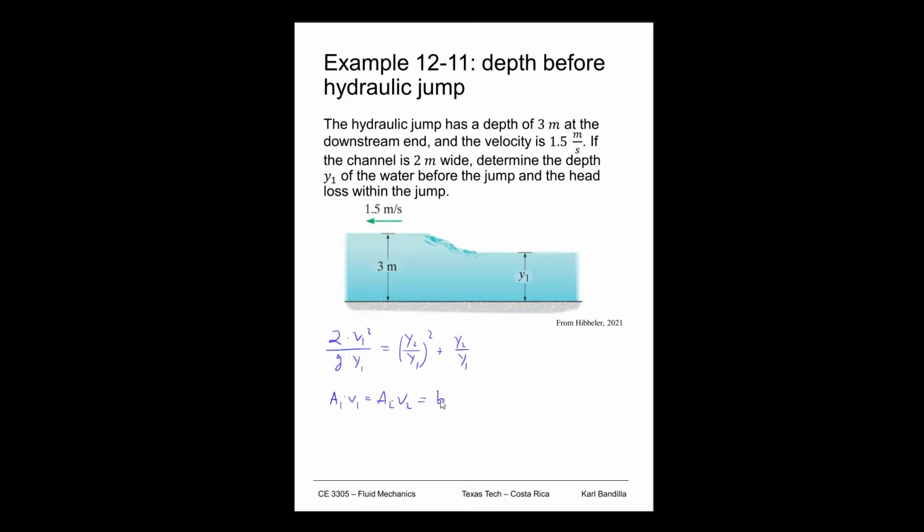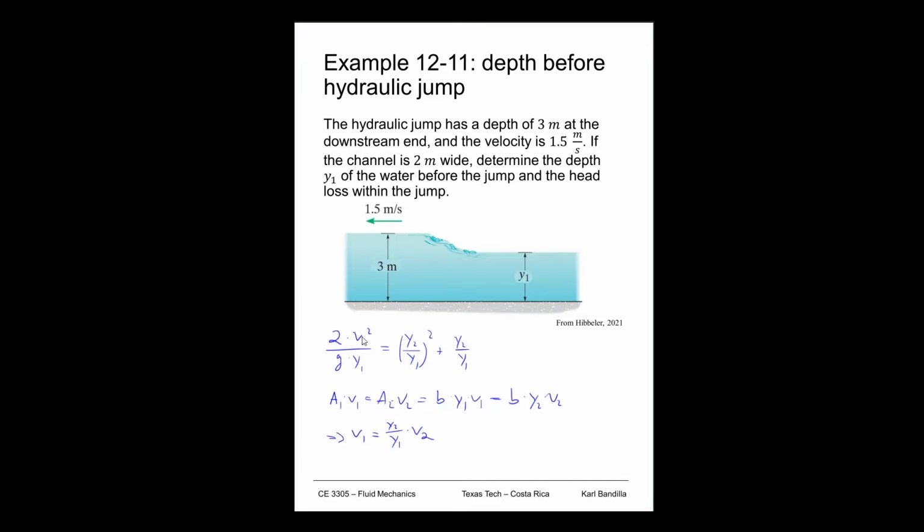So I have b times y1 times v1 is equal to b times y2 times v2, which I can of course solve for v1. So v1 is equal to y2 divided by y1 times v2.